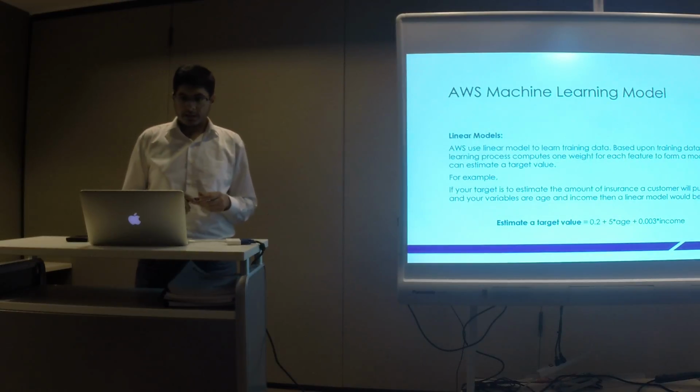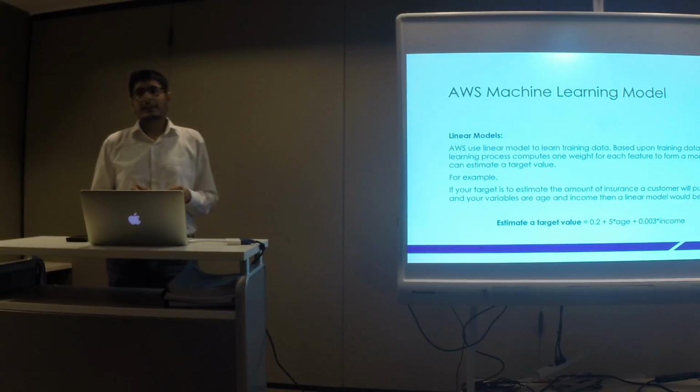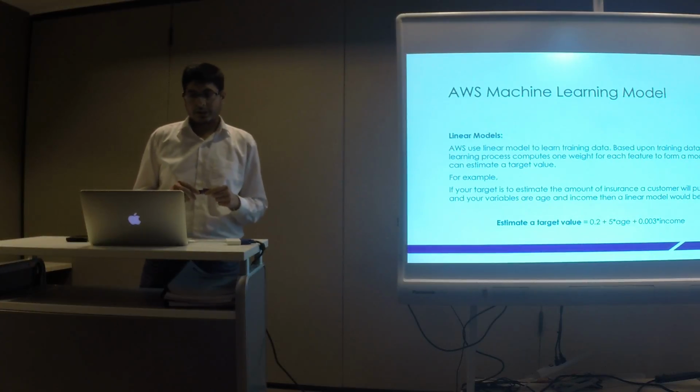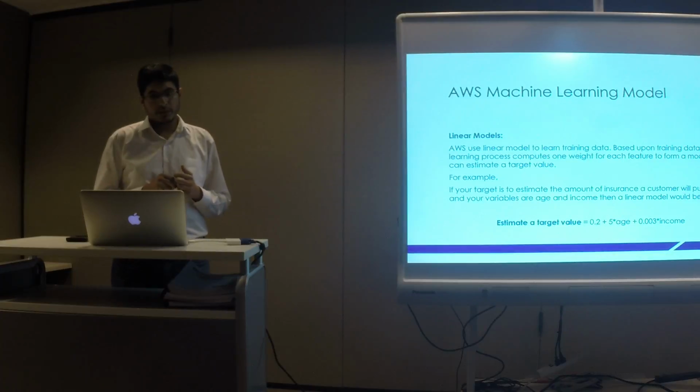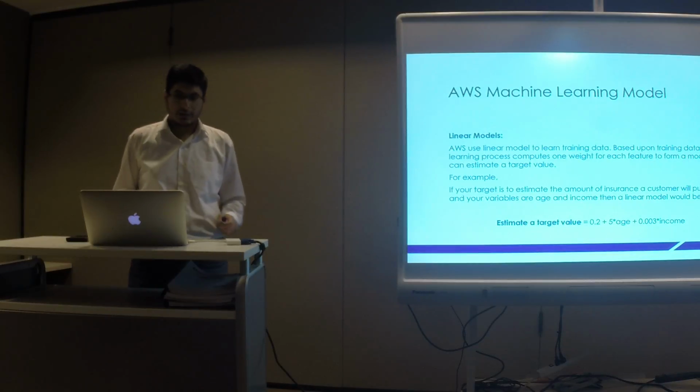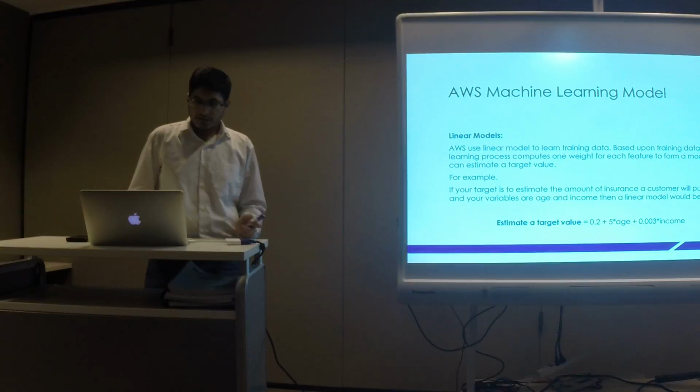Next, let's look into how exactly Amazon computes, how it generates this learning model. Amazon uses a linear model to learn the training data. Based upon training data, the learning process computes one weight for each feature to form a model that can estimate a target value. So here's one example.